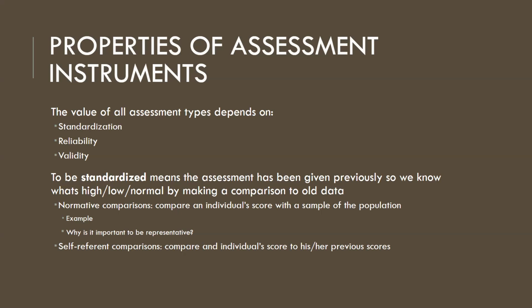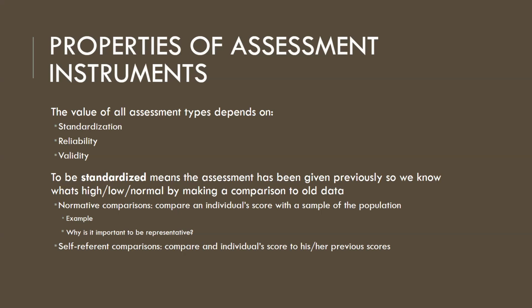So you wouldn't want to give a measure to a bunch of college students, for instance, and then roll into a Veterans Administration or a retirement home and use it there, because you didn't normalize that measure on that population. You normalized it on a completely different population. So we want to make sure that populations that are used are normative.